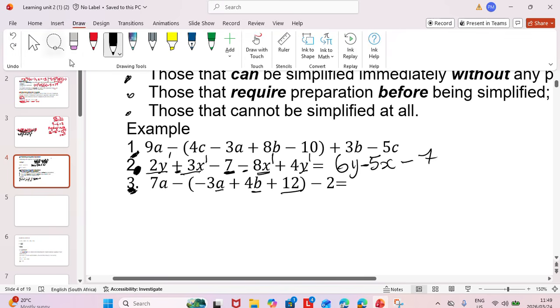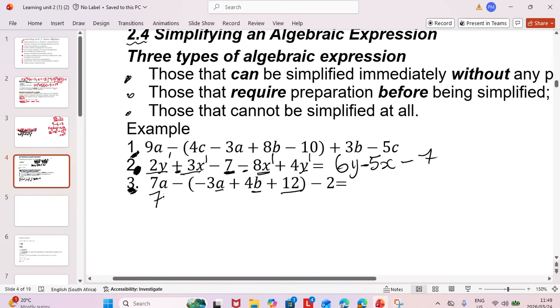Applying the distributive law, you still have that 7a. Let me write here actually 7a, and then minus is minus 1 here. Minus 1 will multiply minus 3a, minus 1 will also multiply positive 4b, minus 1 will also multiply there positive 12. Are we clear?